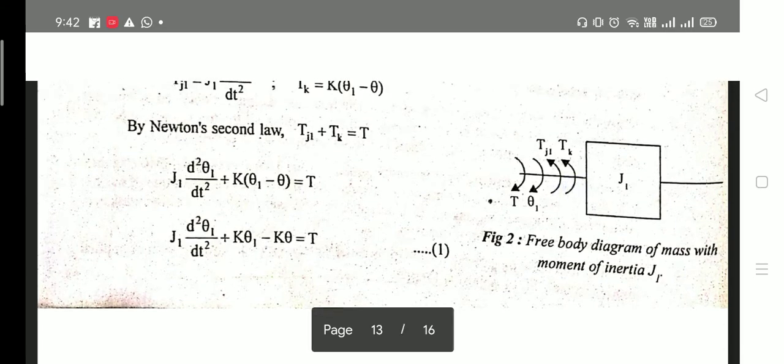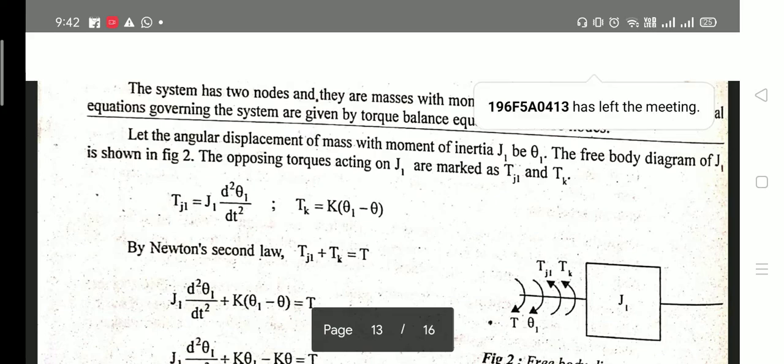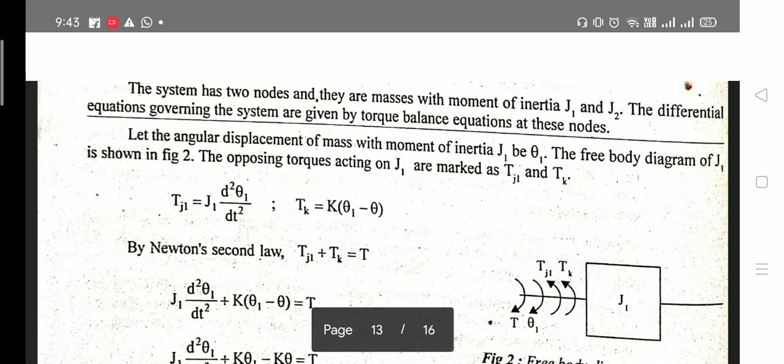Tj1 means j into d square by dt square. In place of j we take J1, and in place of theta we take theta 1. So Tj1 is equal to J1 into d square theta 1 by dt square, right. Tk is equal to k into theta 1 minus theta.